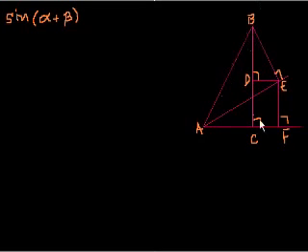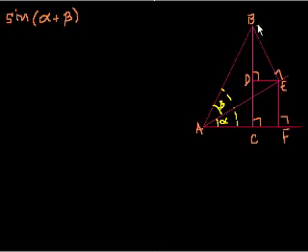So let's go back to this diagram, and let's say that this is angle alpha, and that this is angle beta. All right? Then this whole angle right here is angle alpha plus beta, right? So we want to figure out the sine of alpha plus beta. Well, the sine of this whole angle is opposite over hypotenuse.